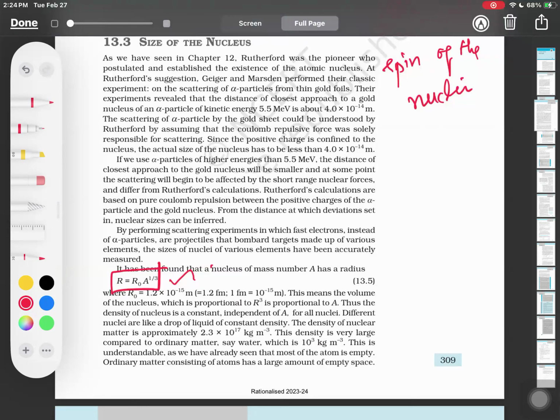Nuclear radius is measured in fermi-meter, 10 power minus 15 meter. Keep that in your mind. And who measured the size of the nucleus first? Rutherford. Rutherford only measured the size of the nucleus first.